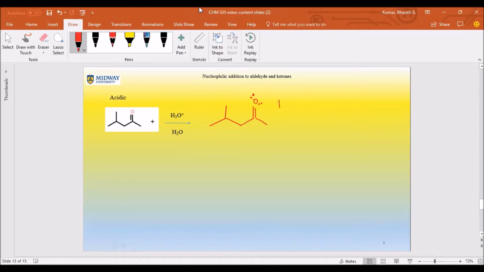And they react with water, and I'm going to write the hydronium ion this way, which is H3O plus. Basically, when the lone pair abstracts a hydrogen, the bond comes back to the oxygen, which in turn leads to this, the second step of the mechanism.